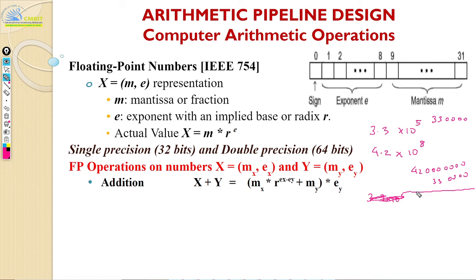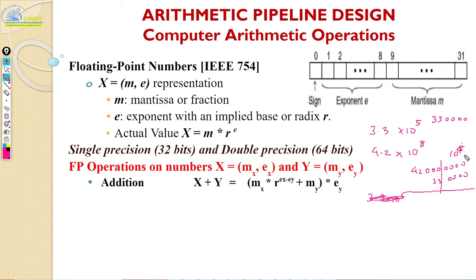Okay. So what you do essentially is you normalize these two, just like what we do here. You make both of them 10 to the power 5. So you take 10 power 4 as the common part.